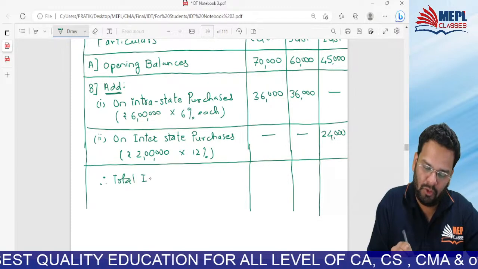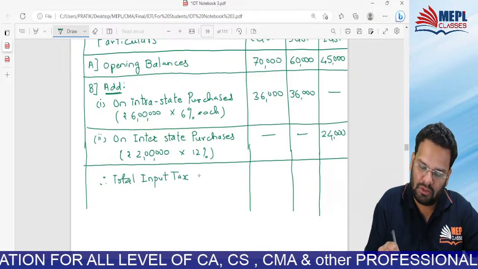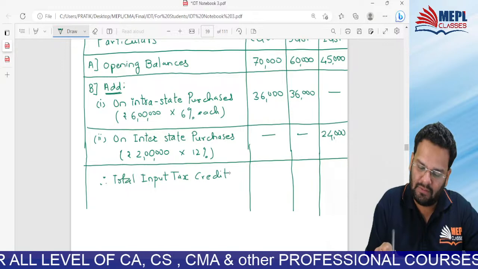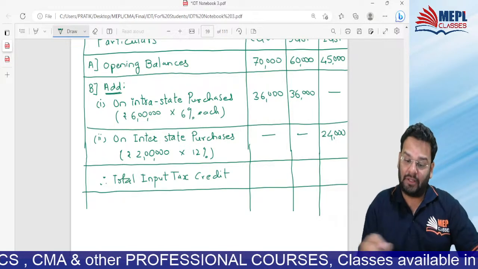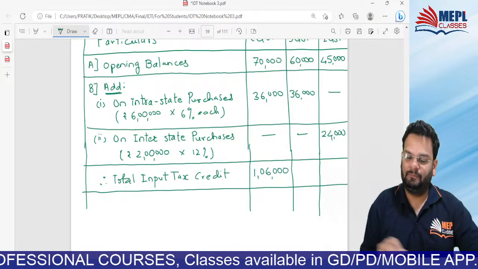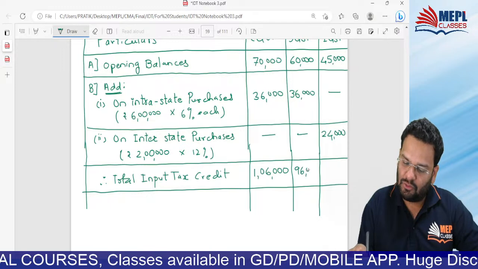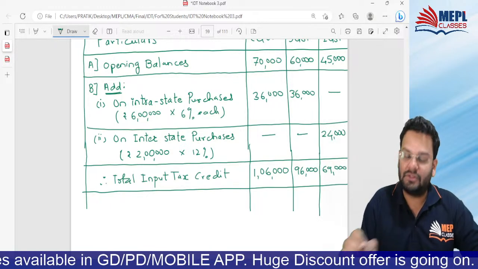So what you do now is, therefore, total input tax credit. Now what is total input tax credit? Is your total input tax credit 1,06,000, 96,000 and 69,000? Check and tell me.